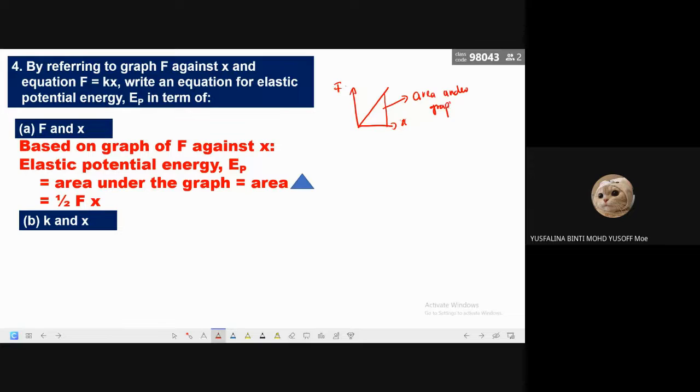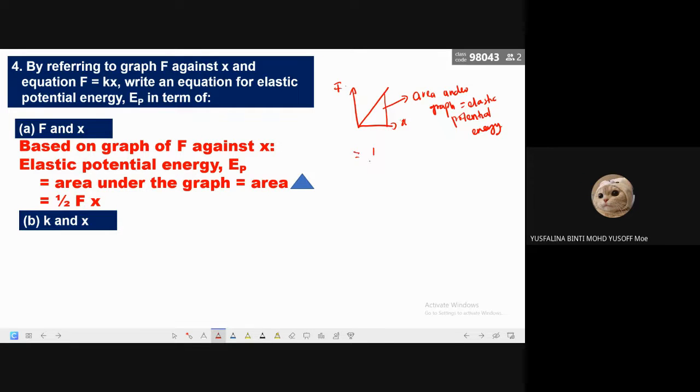So the area under the graph is equal to elastic potential energy. And because this one is directly proportional, the shape of the area is always a triangle.